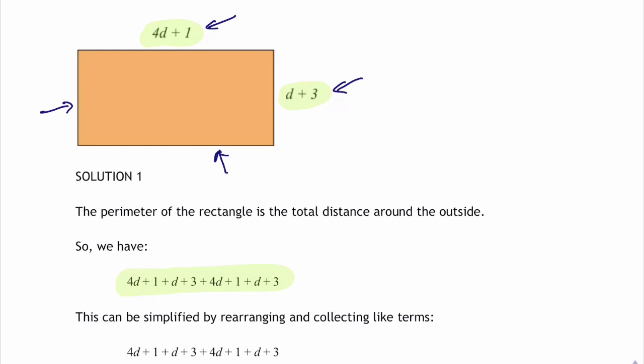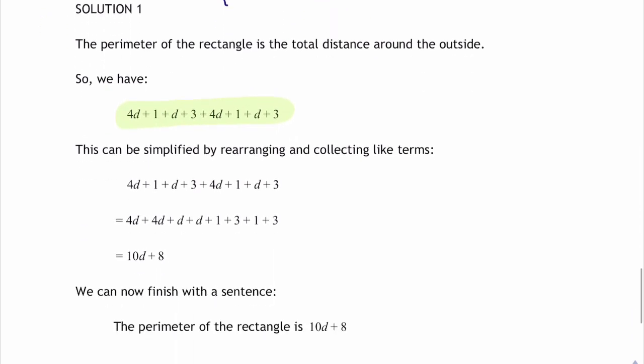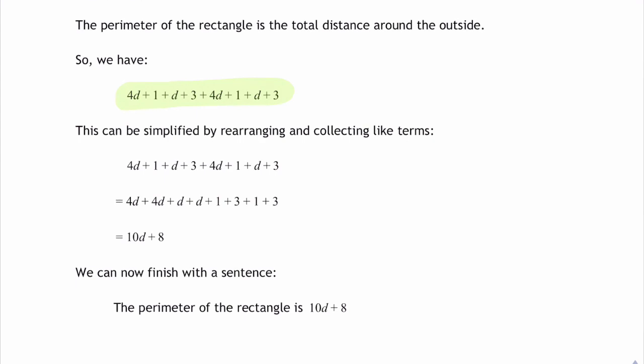Looking at that, we do have multiple like terms. So what we need to do next is rearrange and simplify. That rearranging step you don't have to do, but just for this introductory lesson I've gone ahead and done that. Collecting all the D terms, I've got a 4D here and a 4D here, and a D here and a D here.